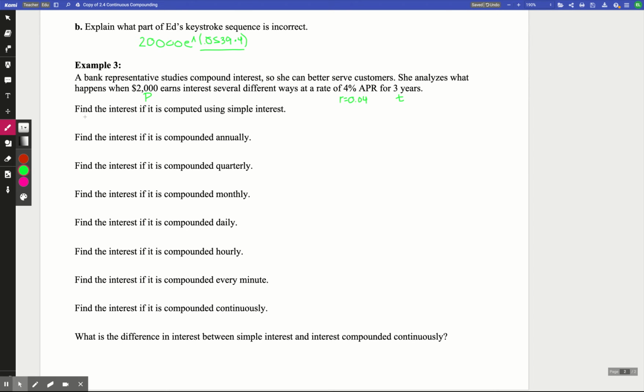So simple interest is I equals PRT. So filling in those values, we get 2,000 times 0.04 times 3. And that gives us an interest of $240.